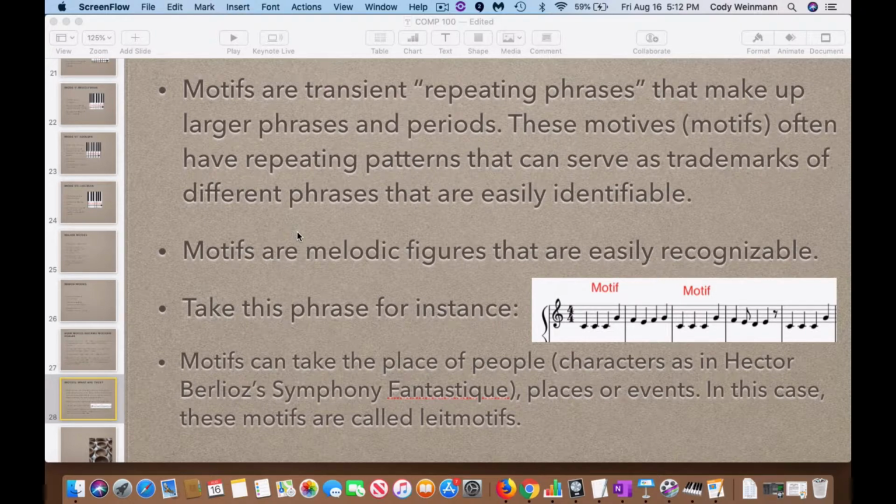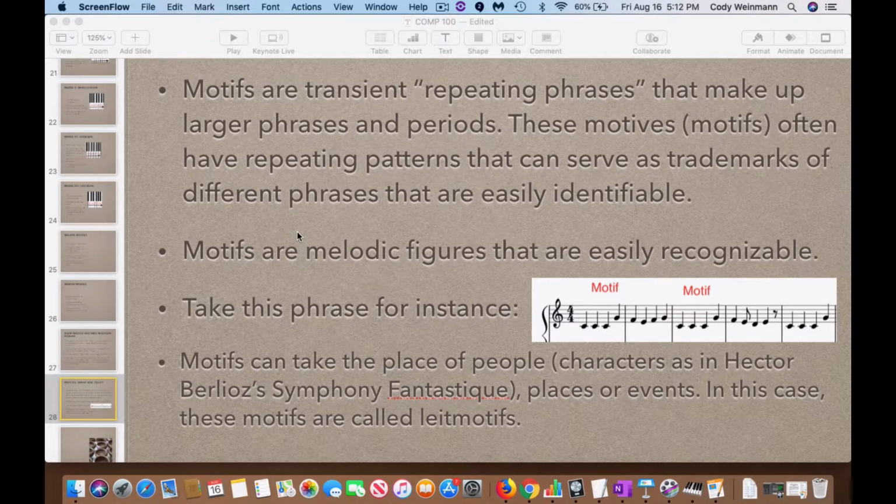For example, in Hector Berlioz's Symphonie Fantastique, there is a motif that comes around at various movements and various places, and it serves as a character, the idée fixe of the composer's mind, which is basically a character that the composer had in mind.